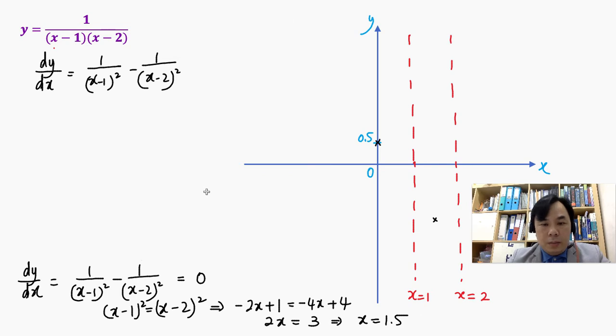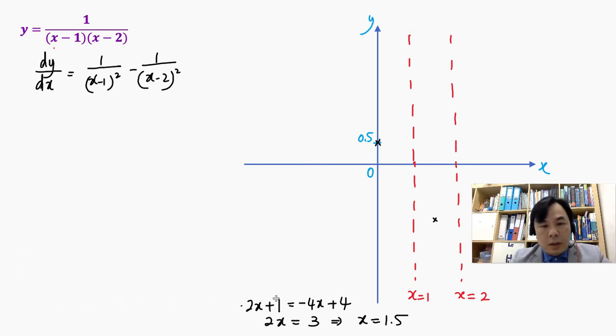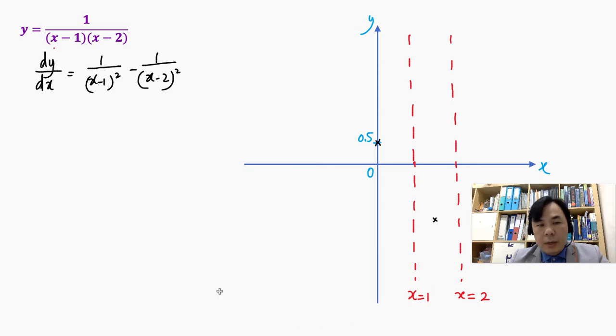Let me clean this up. And then I have already found out my stationary point. So my stationary point is found at this point Q here, for instance, which is 1.5, negative 4. This is our Q.